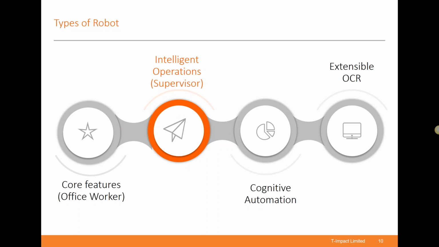Secondly, we've got a supervisor robot. And this can run and manage the work of a team of virtual workers, a team of robots. So we all know that in organizations you get workload peaks, which can be hard to predict and manage. But this intelligent operations robot means that you can better organize your virtual workforce and utilize the robots that you've deployed to manage your service levels.